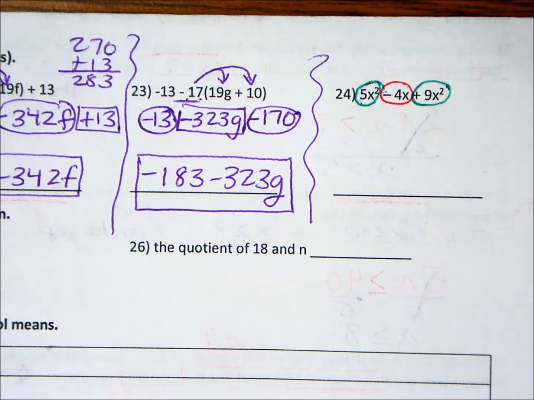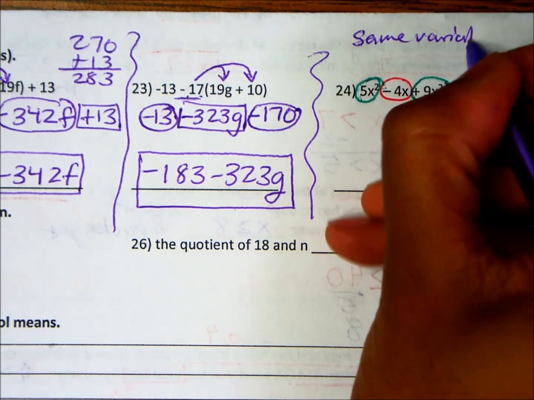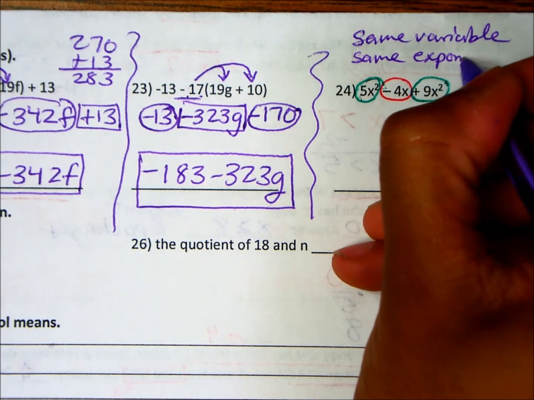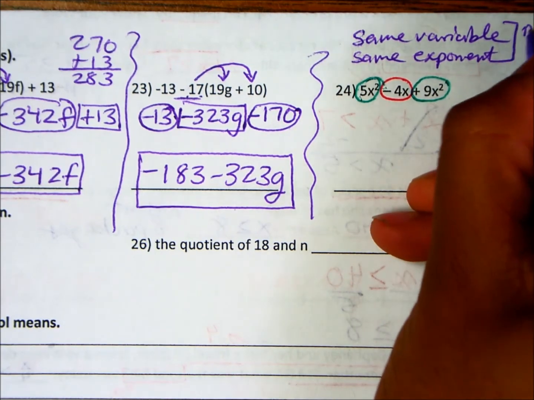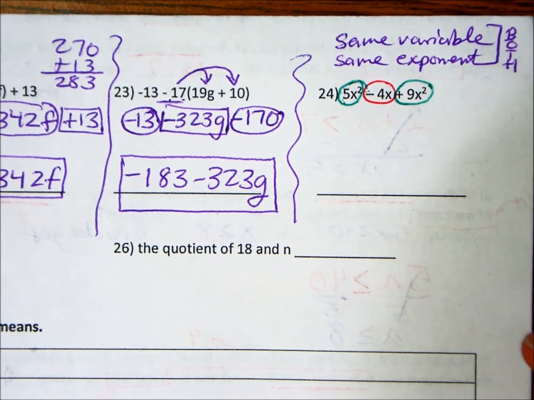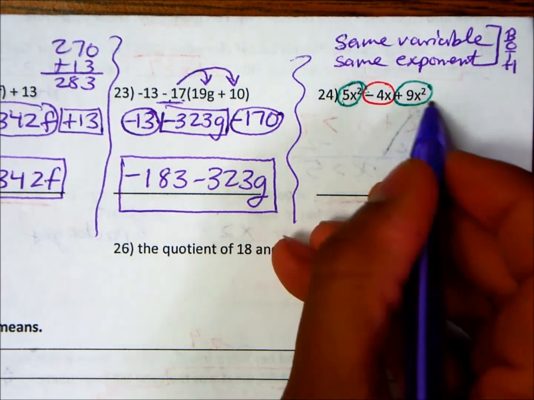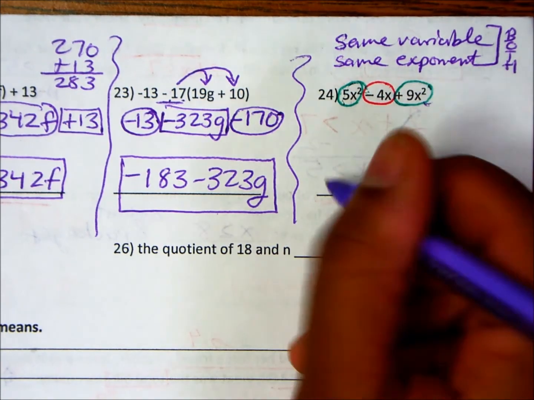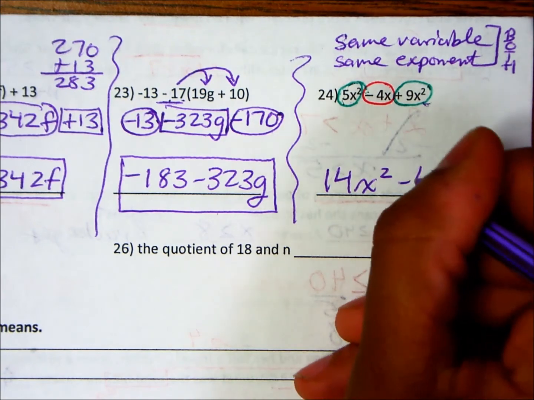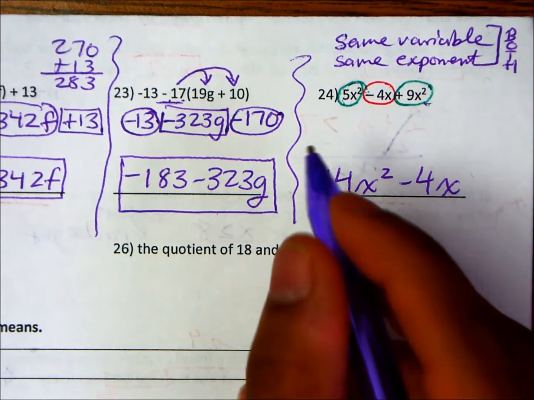No. Remember, it needs to have the same variable and the same exponent. Both have to be satisfied. You have to have the same variable, the same letter, and the same exponent. So I can combine 5x squared and 9x squared to get 14x squared. Minus 4x just comes straight down. I can't combine it with anything else.